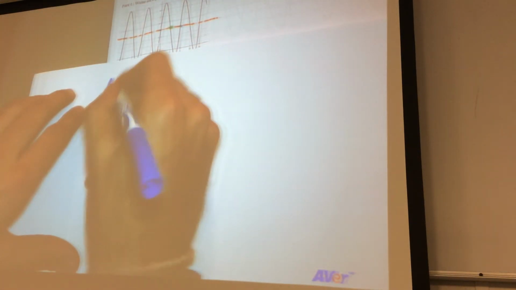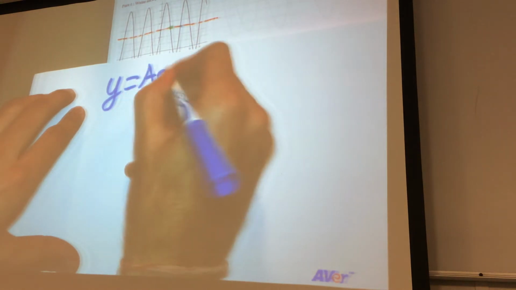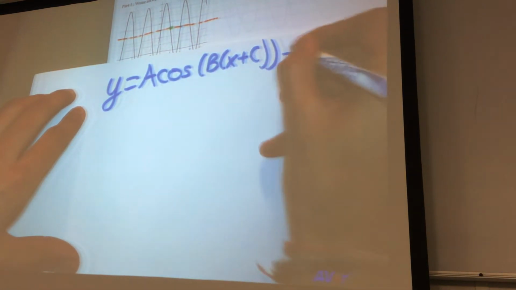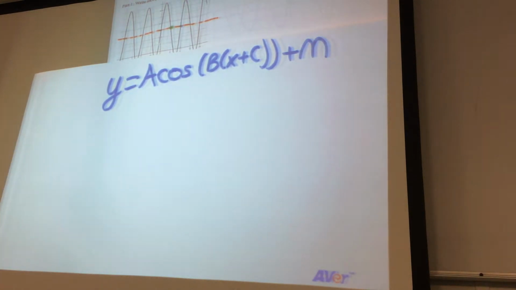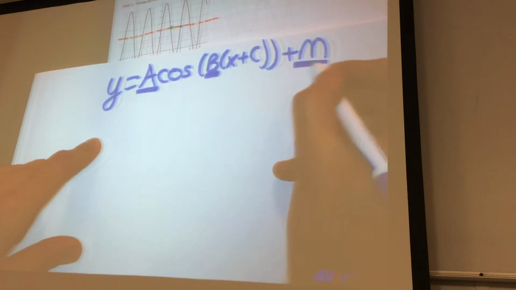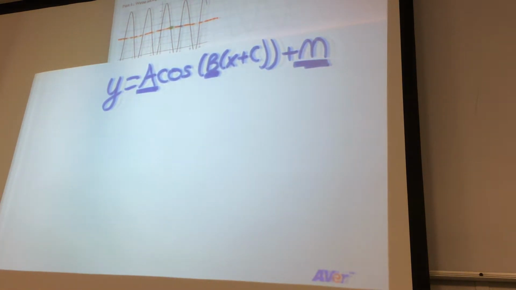So, for cosine, we know we want an equation that looks like this. We definitely want this. Now, if we want this, we already know this, and we already know this. Let's fill those in. We already know what they are.